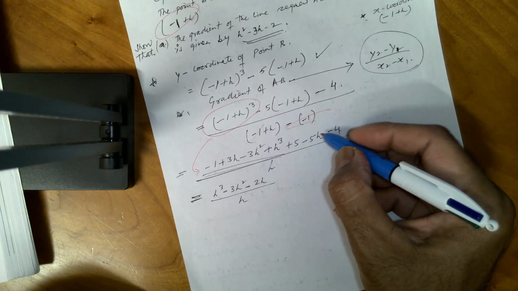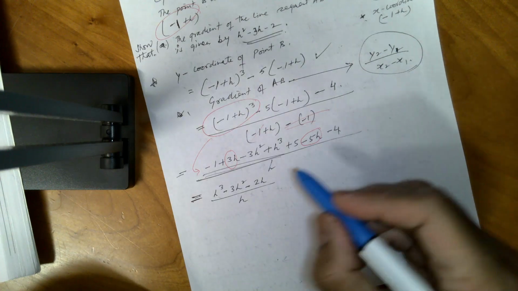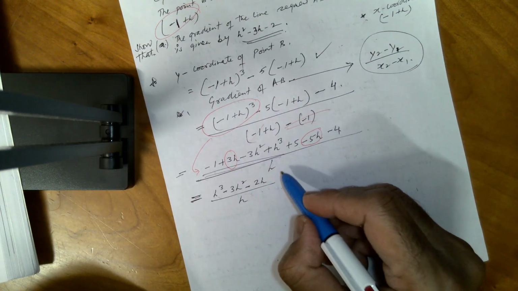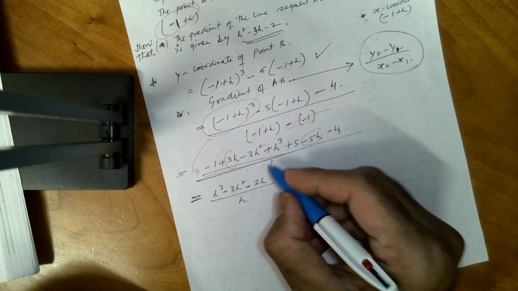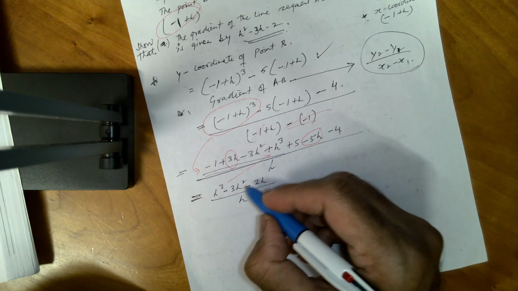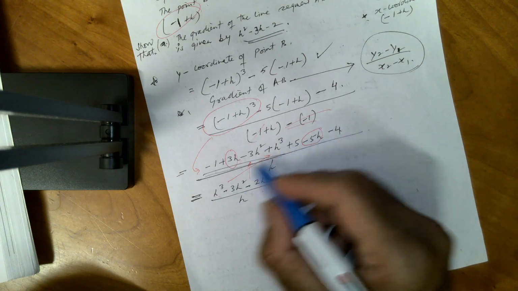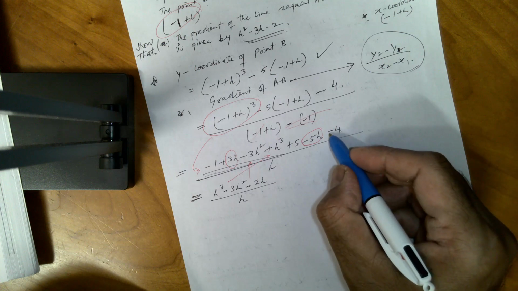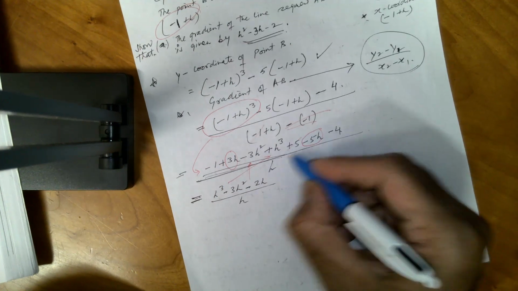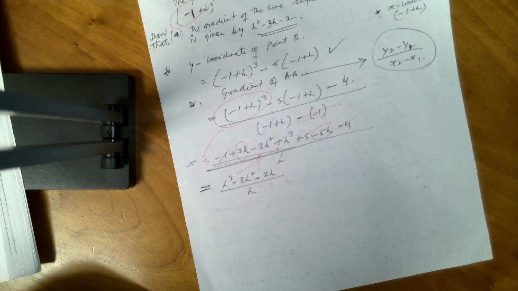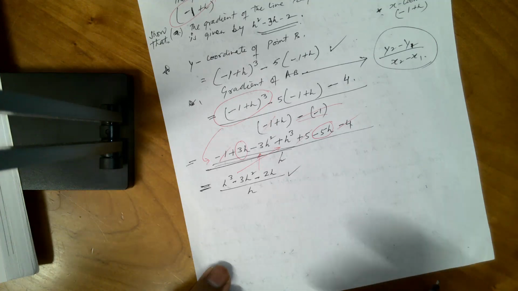You see here you got minus 5h, and then you got 3h, and so that gave us minus 2h. You had h cube here already, and minus 3h square you got from here. Then you got minus 4 and minus 1, that is minus 5, and you got plus 5 here, so that all will go. And that will give us this.